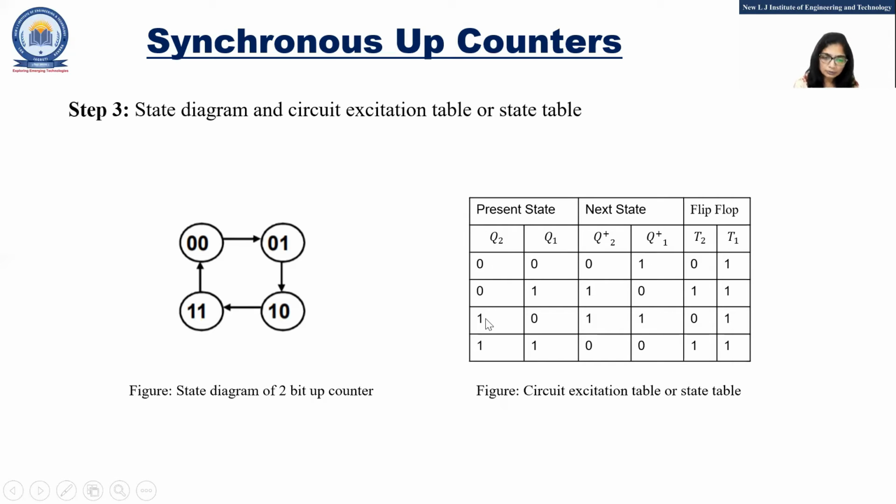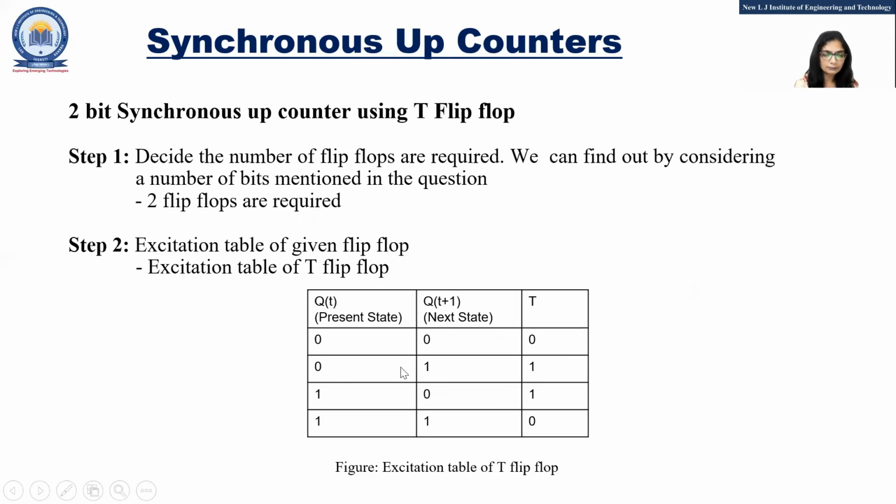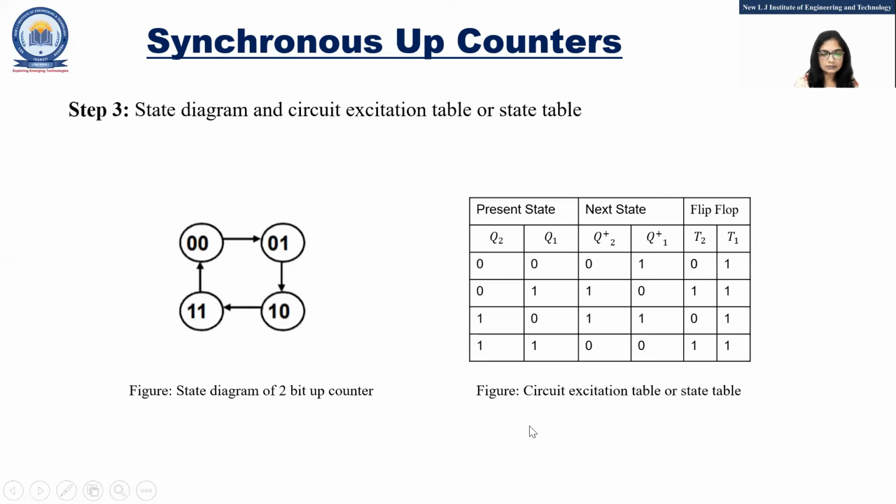Now Q2 is 1 and Q2 plus is 1. At the same time, both are 1. This T will be 0. If both states are 1, then this will be 0. Like this way, we have to complete this also. Suppose I will take one example. Suppose Q1 is 0 and Q1 plus is 1.